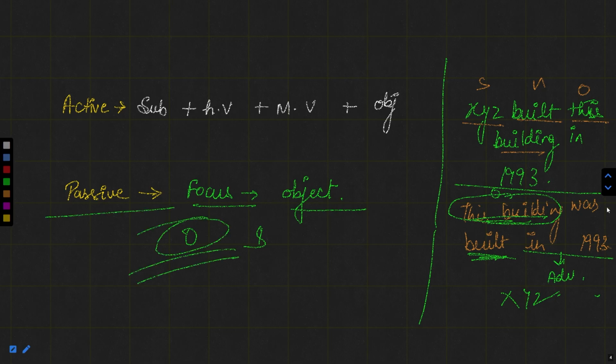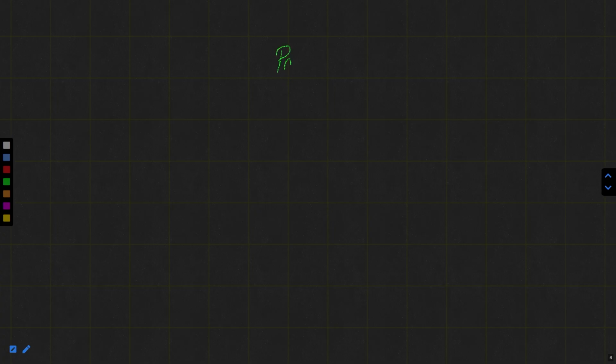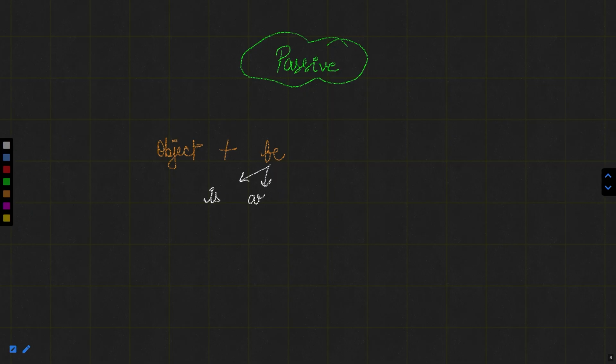Okay, so to make any sentence passive, what do we need necessarily? We need only three things to convert a sentence into passive voice. First of all, the object is very, very important. Moreover, any form of be. There are various forms of be, like is, are, am.